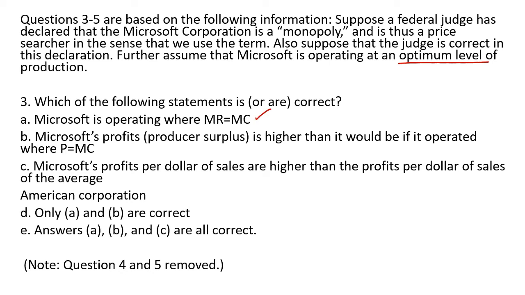So A is true. Microsoft's profits are higher than they would be if it operated at price equals marginal cost. That's just saying, as a monopoly, it makes more than a perfectly competitive firm with the same demand and cost structure would make. Also true, right? Their producer surplus is higher. Microsoft profits per dollar of sales are higher than the per dollar of sales of the average American corporation.